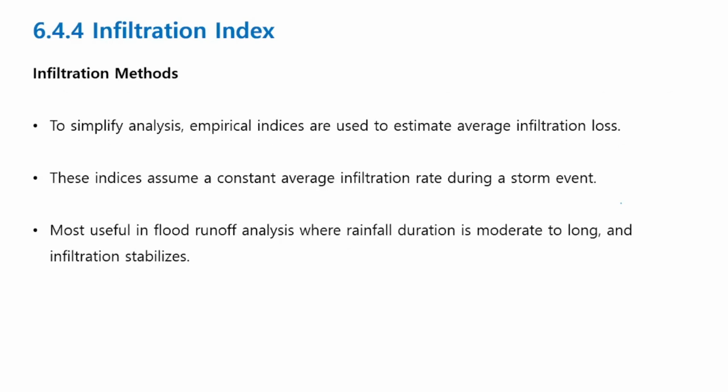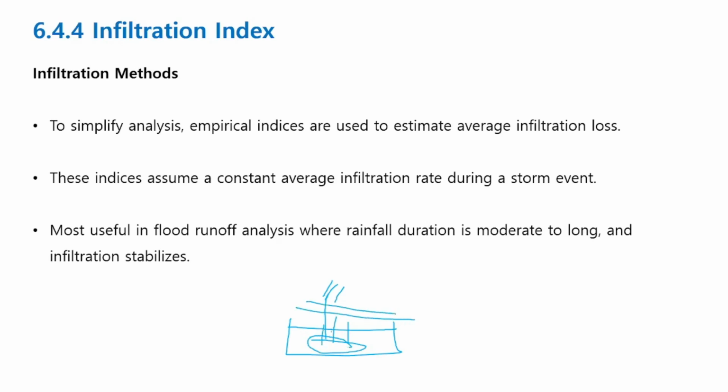So, infiltration methods. To simplify analysis, empirical indices are used to estimate average infiltration loss. So these are the rainfalls that infiltrate the soil and then get lost. They don't get to run on the surface.